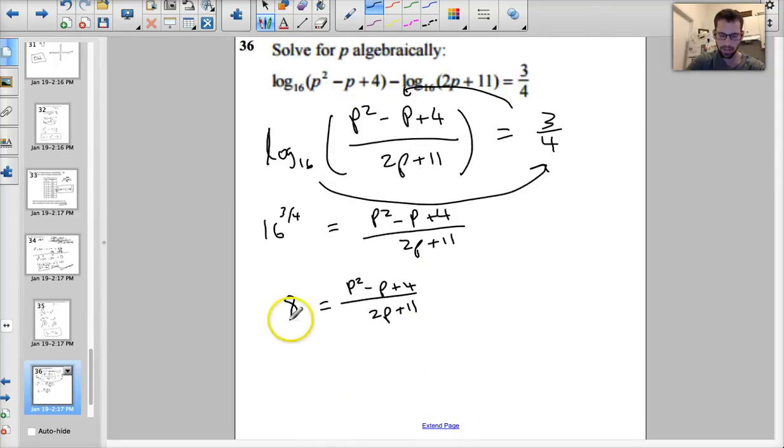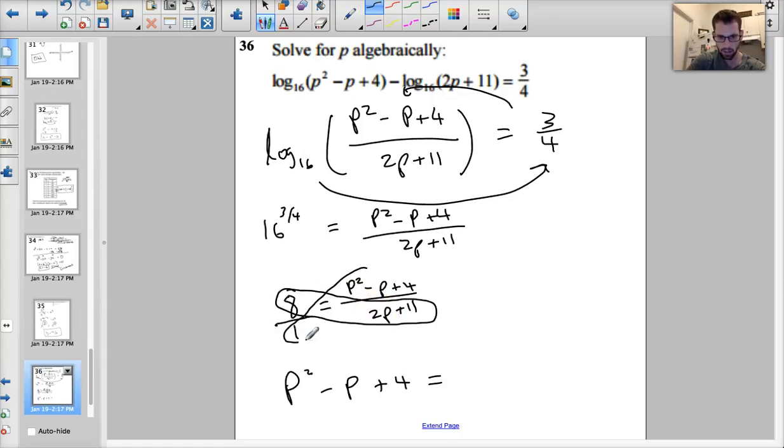Now, I want to get p by itself ultimately, so I'm going to put this 8 over 1 and cross multiply. So 1 times all of this, anything times 1 is just itself, gives me p squared minus p plus 4 equals, and then I'm going to take 8 and multiply it by 2p plus 11. I'm going to show this more clearly. So 8 times 2p gives me 16p, 8 times 11 gives me a positive 88.